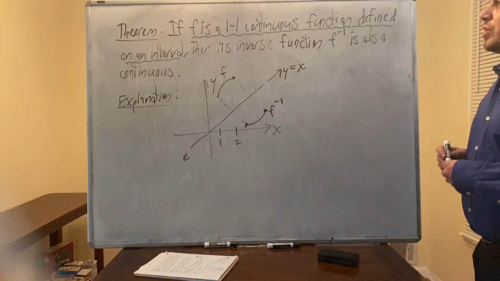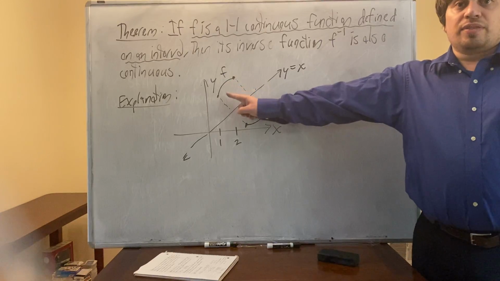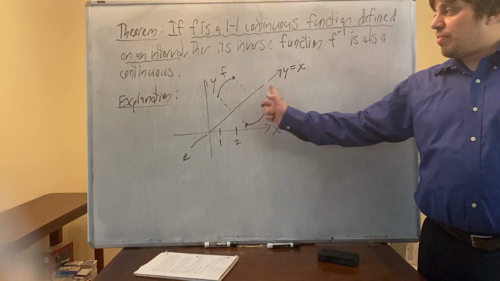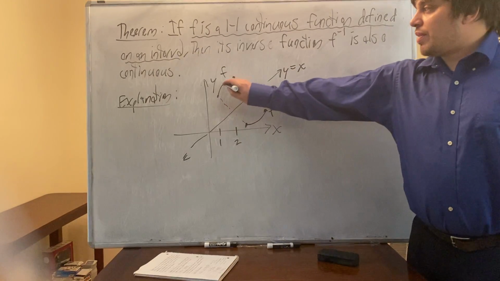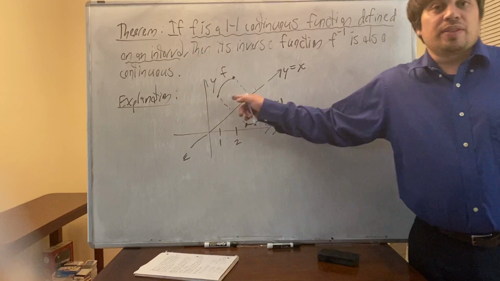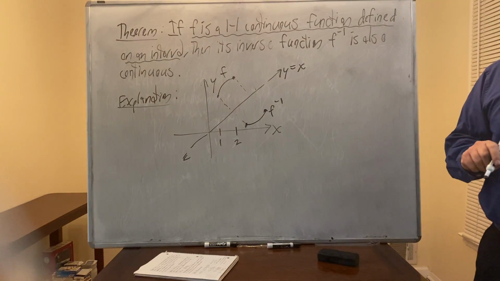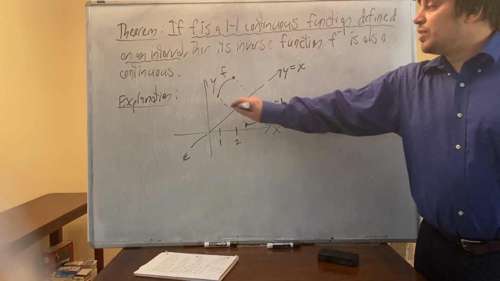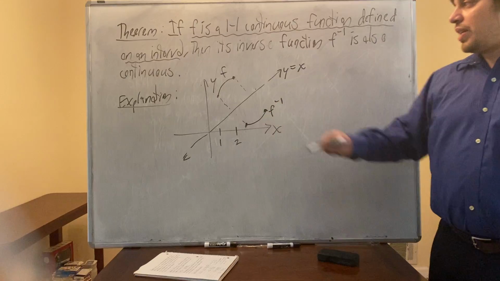If you have a function f that's one-to-one and continuous on an interval, since I can draw this graph without lifting my hand, intuitively it makes sense that when you reflect it about this line, you'll get another function you can draw without lifting your hand.